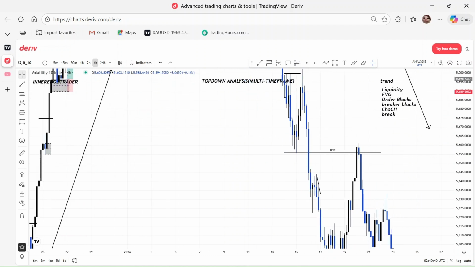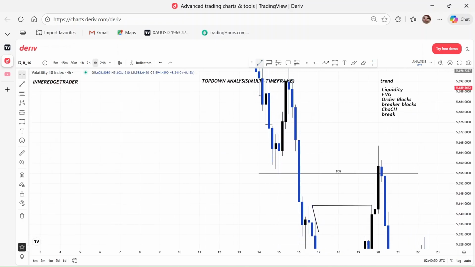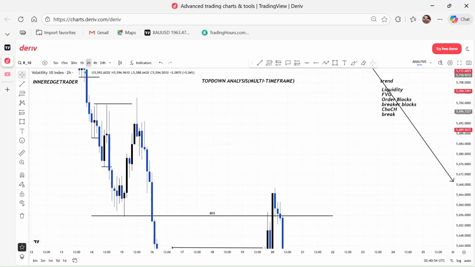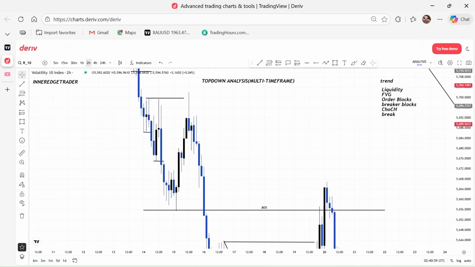So if you see that this is liquidity and you know that price has broken through the liquidity, it's going to retest at the breaker, because this zone right here was a valid liquidity, a valid order block zone.